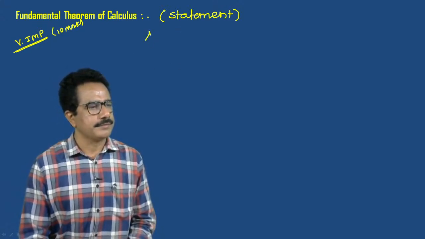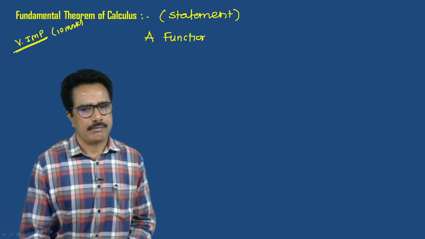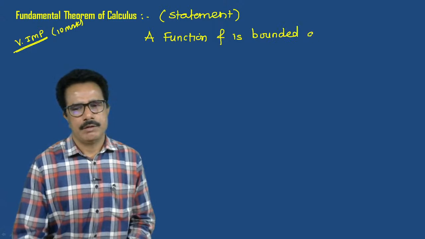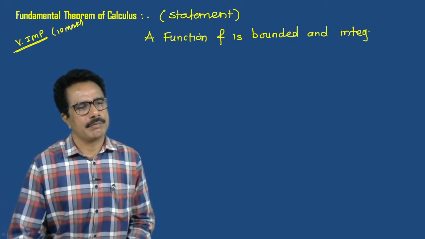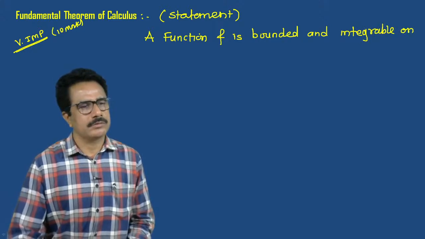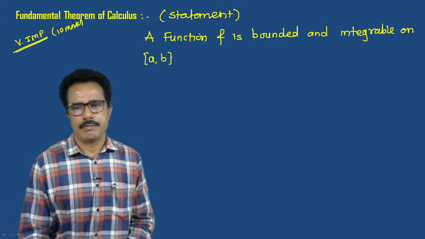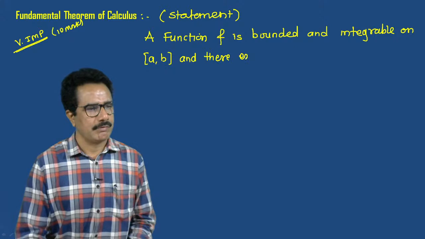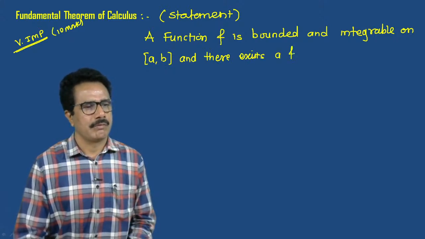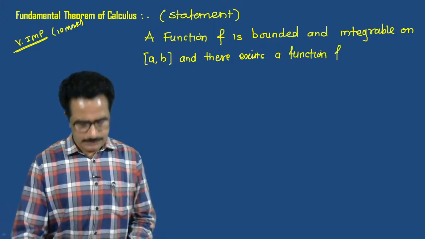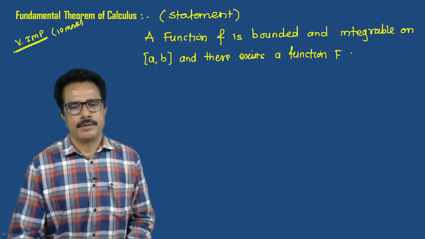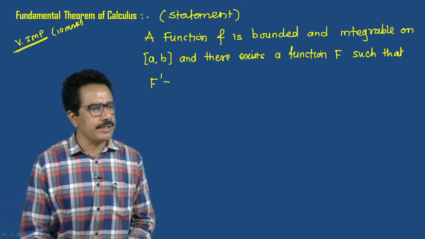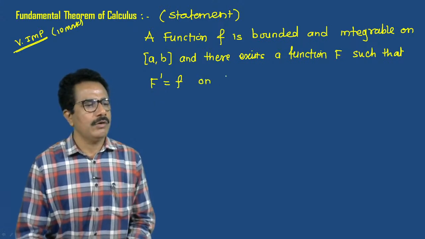Now see this statement. A function small f is bounded and integrable on closed interval AB, and there exists a function capital F such that capital F dash is equal to small f on closed interval AB.